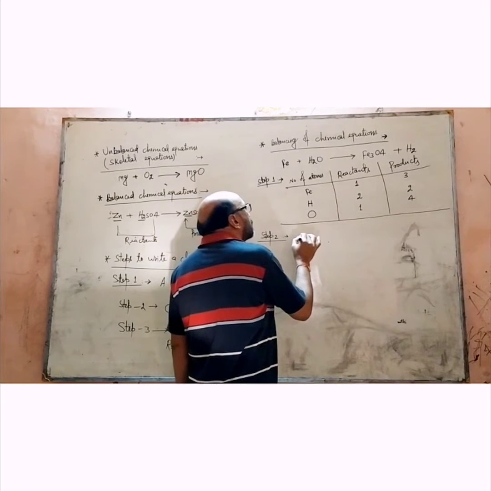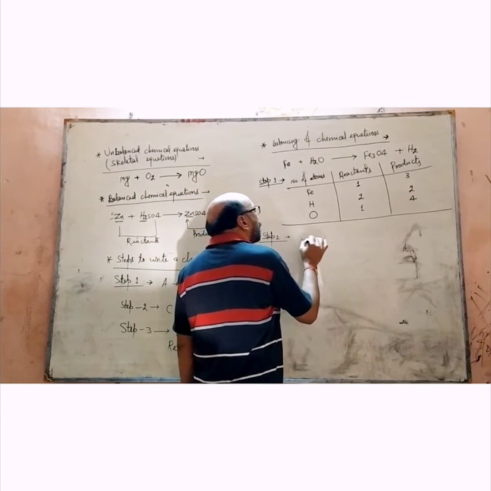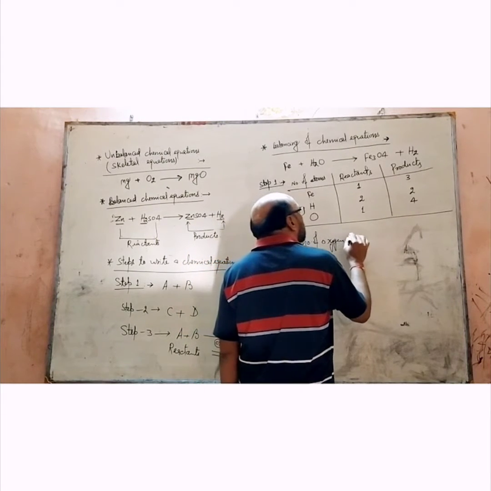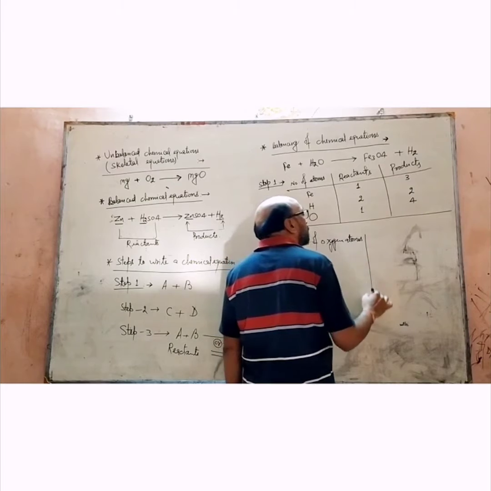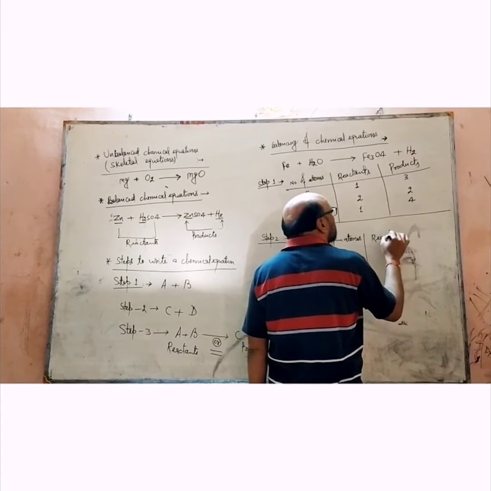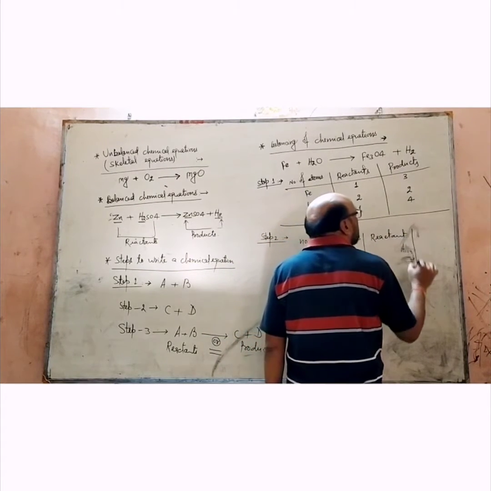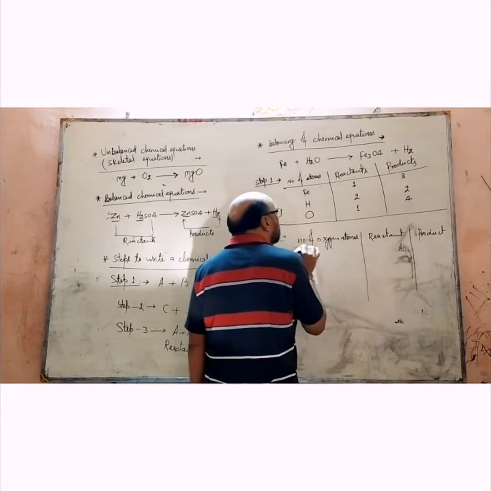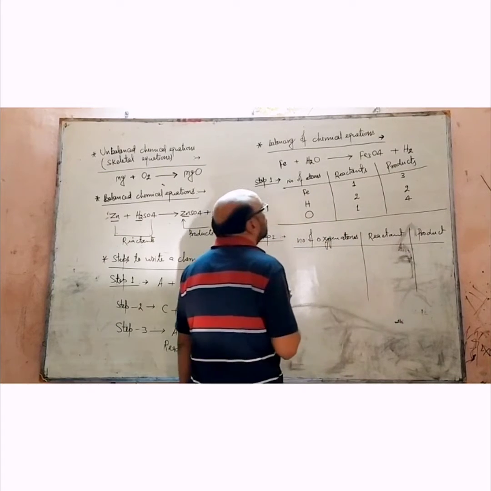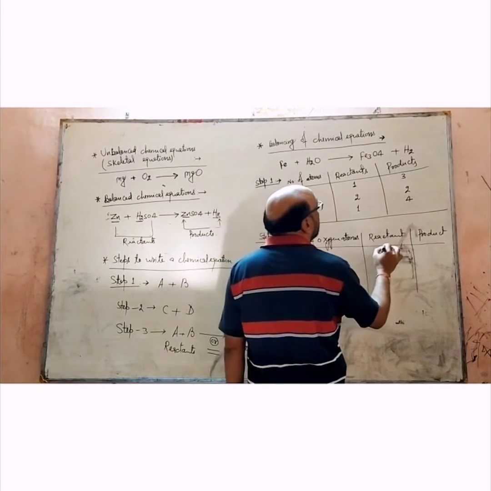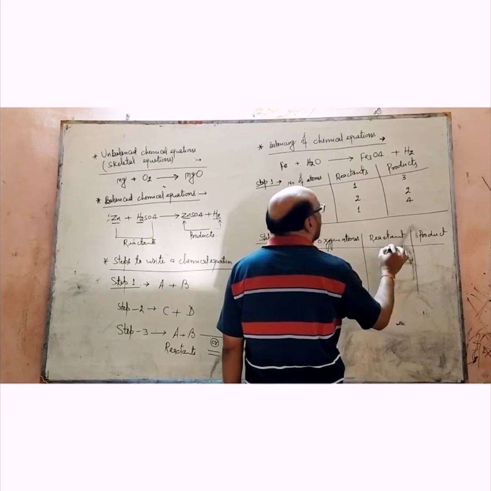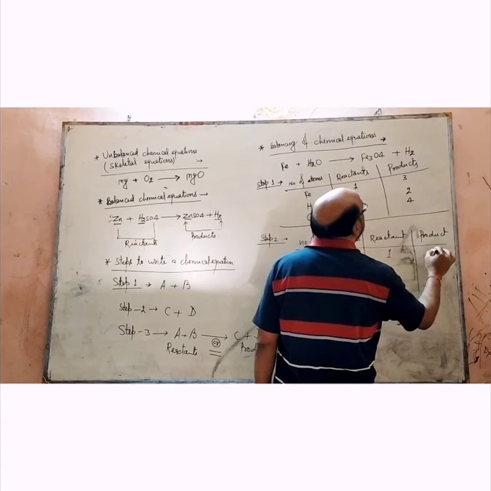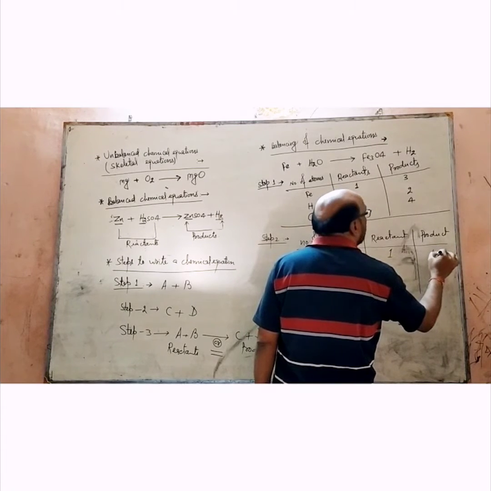So here, the number of oxygen atoms in the reactant and in the product we shall decide separately. The number of oxygen atoms in the reactant is 1 and in the product it is 4.